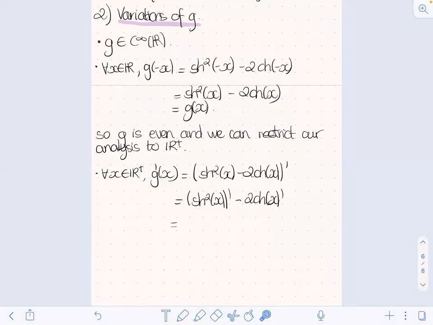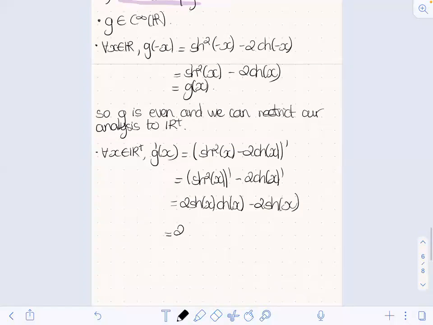Yeah, I think with the sum that you gave, you end up with the right formula. You should end up with 2 times sh of x ch of x minus 2 sh of x, which I think is exactly what was said. And so if you factorize this, you get 2 sh of x times (ch of x minus 1). Okay, and this is the derivative of the function.